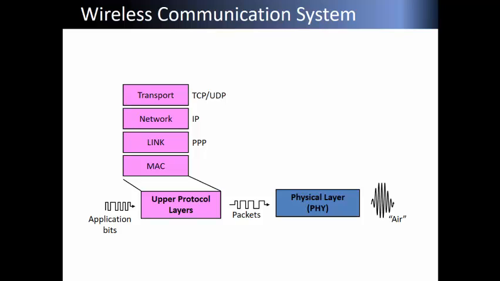For example, CDMA, code division multiple access, or frequency division multiple access, or time division multiple access, or orthogonal frequency division multiple access. So there are so many such jargons available, but it is actually based on CDMA, which we looked at in another module, right?